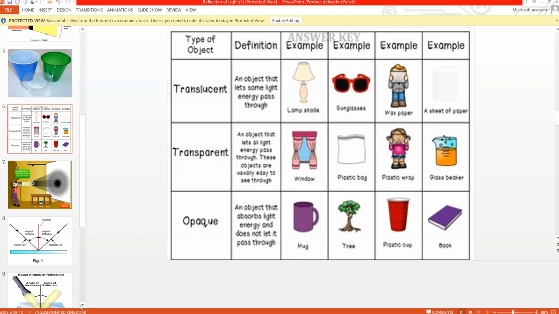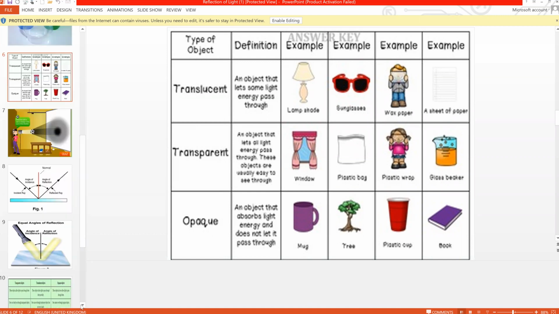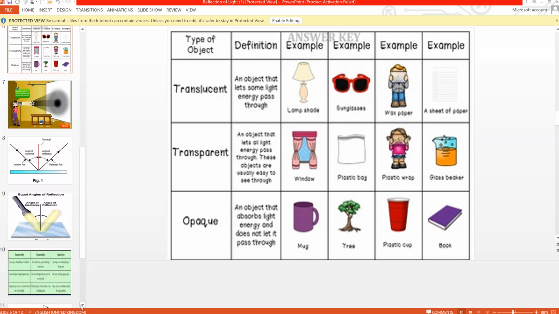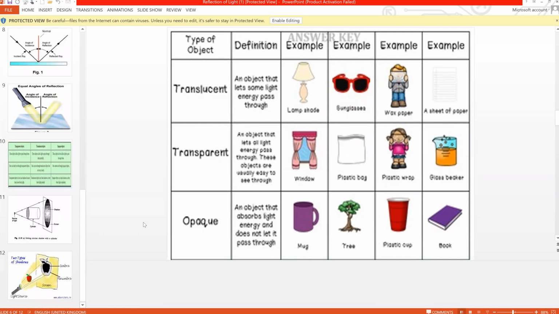So generally when you have a power failure in your house, when you light a candle or a small lamp, if you put your hand near the candle or near the lamp, and you observe the wall, what do you observe, children? Ma'am, the shadow. See, this will happen.